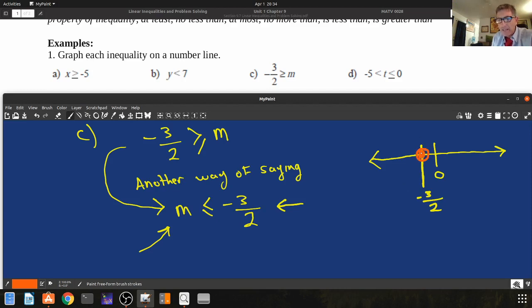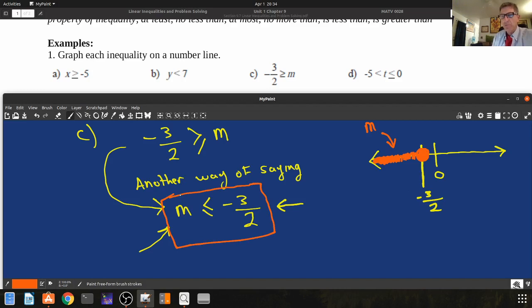So I shade in the circle. That indicates that minus 3/2 is included. And then I just indicate all of the numbers less than minus 3/2, including minus 3/2 itself, make the statement true. So that's where my values of m live that make this particular equation true.